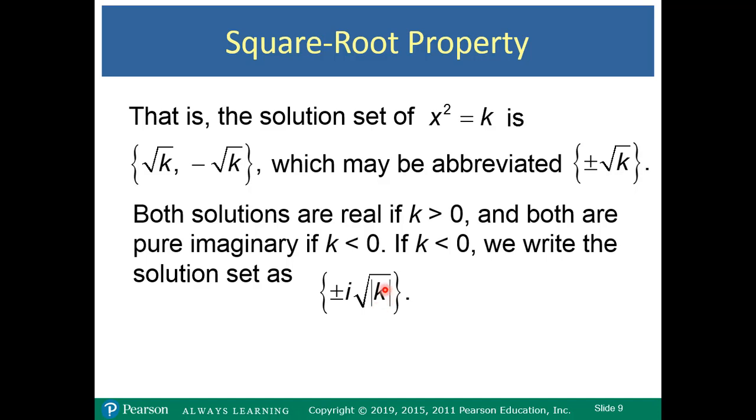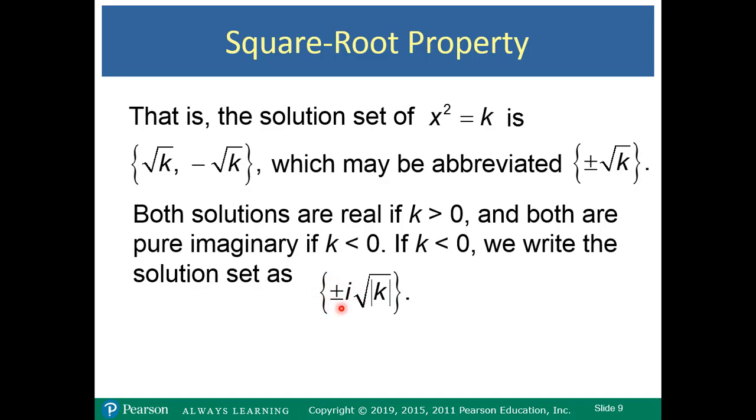Okay, because what we can do is we got plus or minus, but if k is positive, we get a real number. If k is negative, we get an imaginary number, and we can rewrite the solution set as this. So we just get a positive number here, and we just take out plus or minus i.